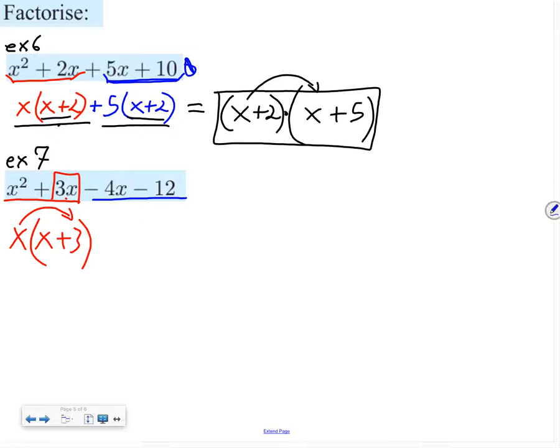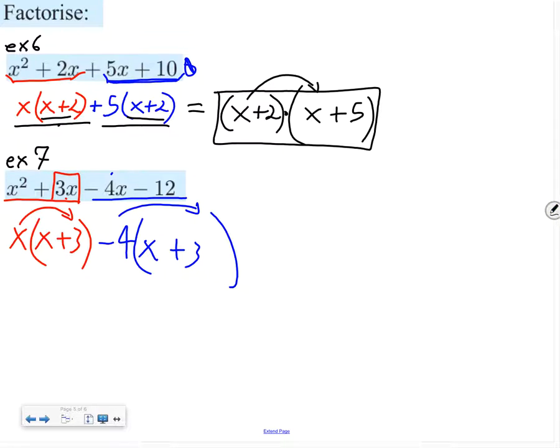I notice that both those terms have a negative involved, so I'm going to factor out a negative. And for 4 and 12, a factor is going to be negative 4 times the quantity. Negative 4 times what is negative 4x from up here? Well, it's going to have to be multiplied by x. Negative 4 times what is going to be negative 12? Well, that's going to be a plus 3.